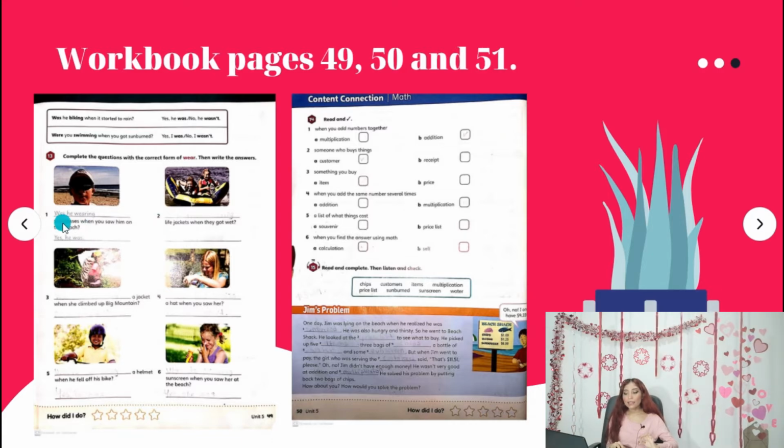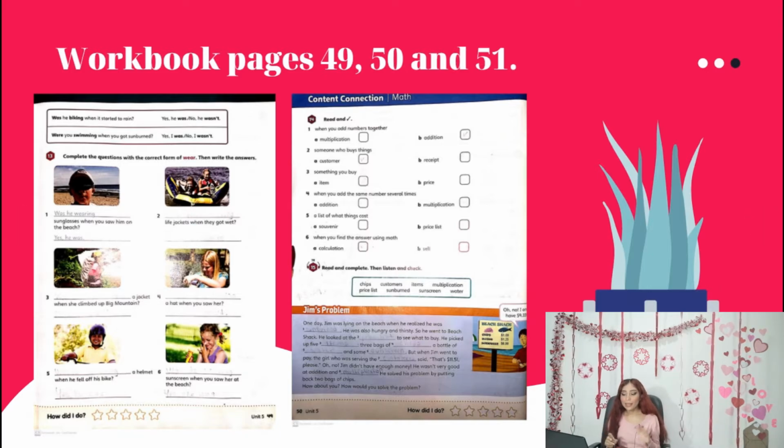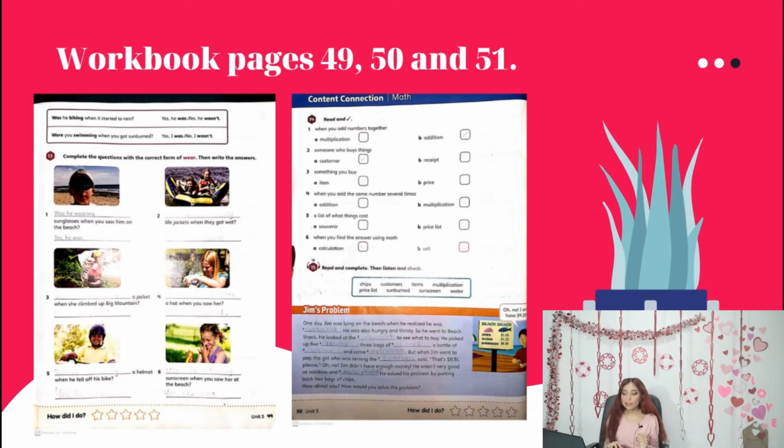You're going to write was or were depending on the subject. For example, you have light jackets when they got wet. And you are going to write were they wearing or was they wearing? Depending, remember, when do you use was or were? And that's the same that you are going to do with the rest. In the next line, you're going to write, yes, they were, or no, they weren't, depending on the pictures.